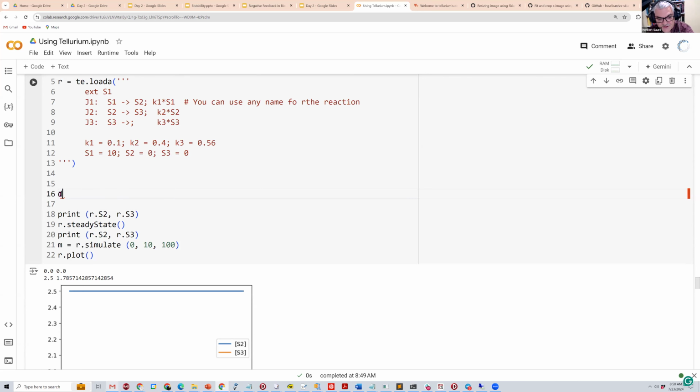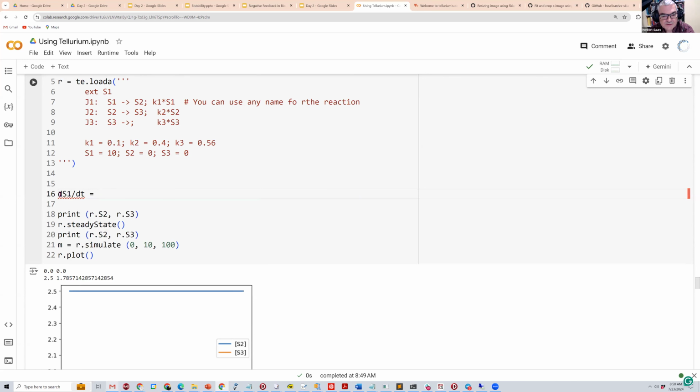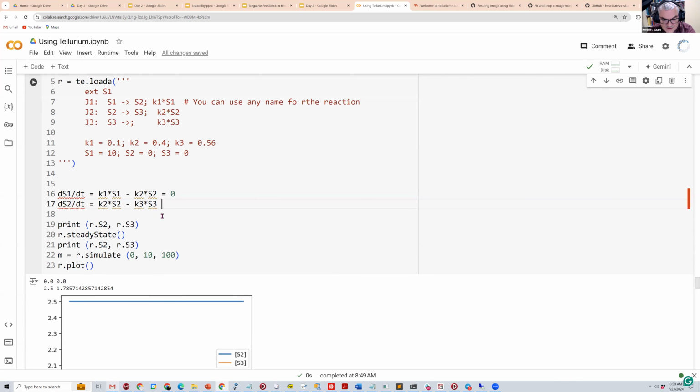So just to emphasize this, it's k1 times s1 minus k2 times s2. That's the differential equation for s1, and this is the differential equation that Tellurium derives for the second one. Now, what Tellurium does is work out these differential equations, then set them to 0, and say, okay, now find me S1 and S2 that's consistent with them being equal to 0.